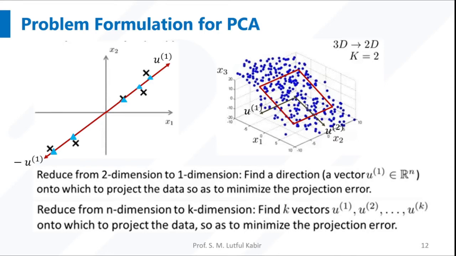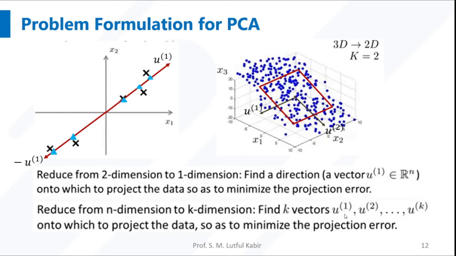If the total error, that means the summation of error square, is minimum for this plane, then we call u1, u2 the vectors that are reduced from three vectors. One vector was in the x1 direction, another was in the x2 direction, and another vector was in the x3 direction. But now the two vectors u1, u2 constitute a plane on which the projection is made. So you call it k equal to 2.